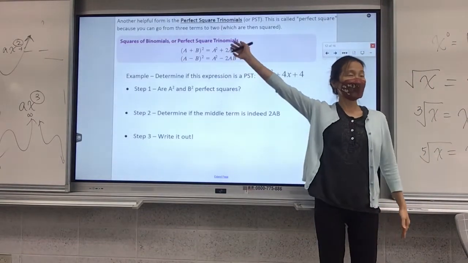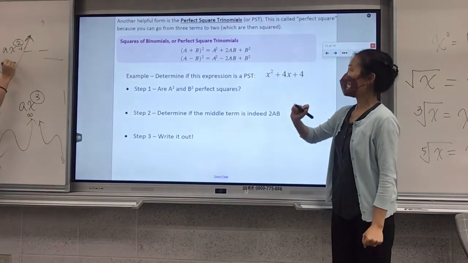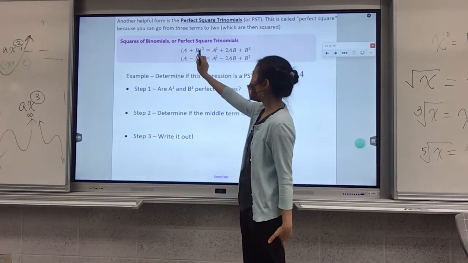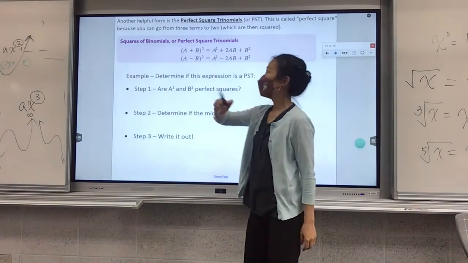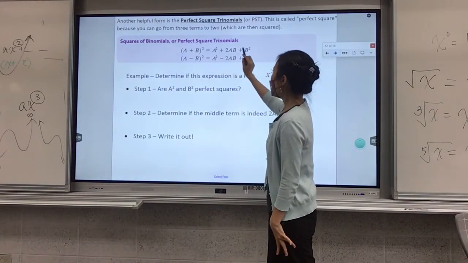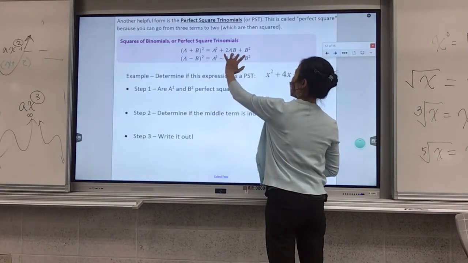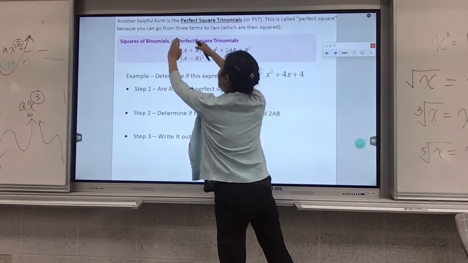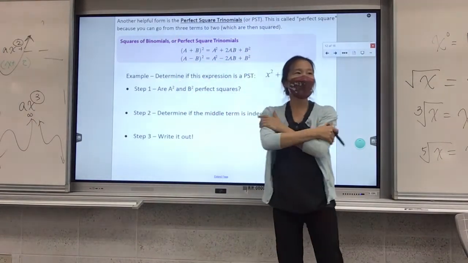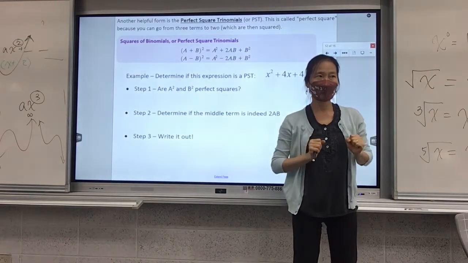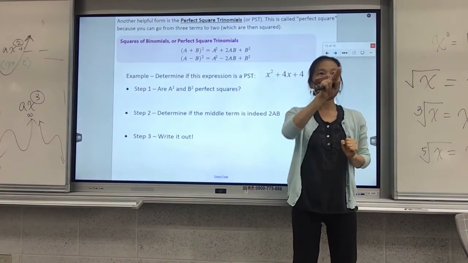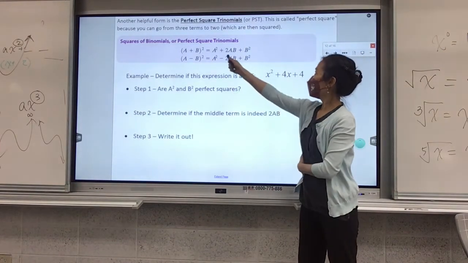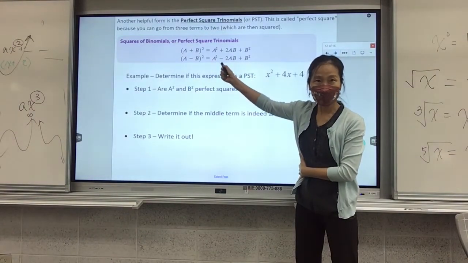So this is what I'm introducing. This is called a perfect square trinomial. You have a trinomial that can turn into a binomial squared: a plus b all squared, or a minus b all squared. Only when it's a trinomial like this.